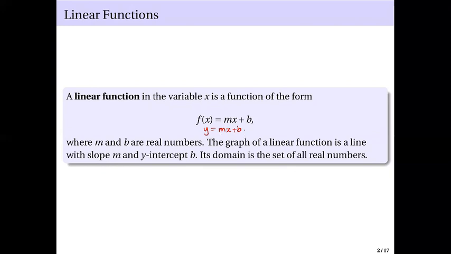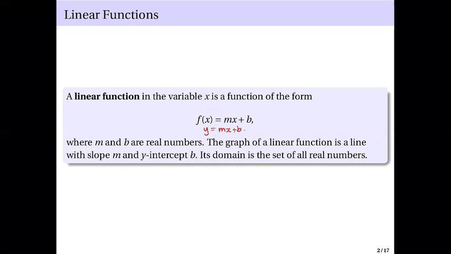And the domain of this linear function is the set of all real numbers, because if you choose any real number x, multiply it by some real number and add another real number, you'll just get another real number. So whatever real number you choose, the value y will be defined.